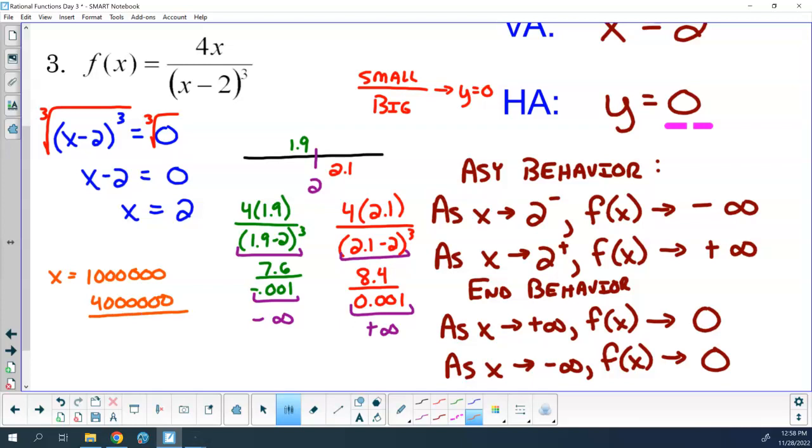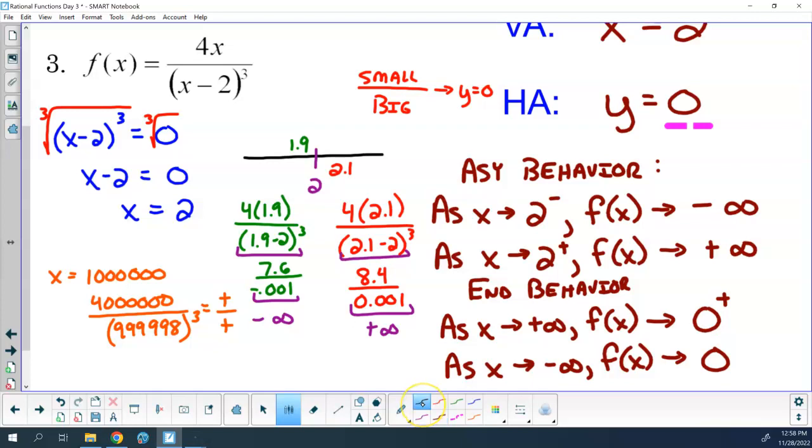On the bottom I've got 999,998 cubed, which is a ginormous number. But it's going to be a positive divided by a positive. So that's going to go to 0 from above because they're both positive.